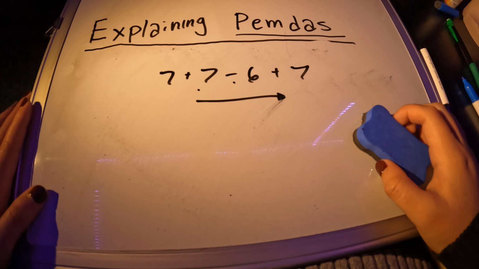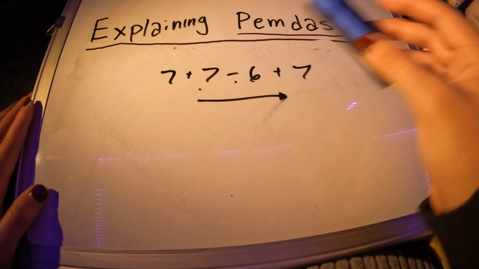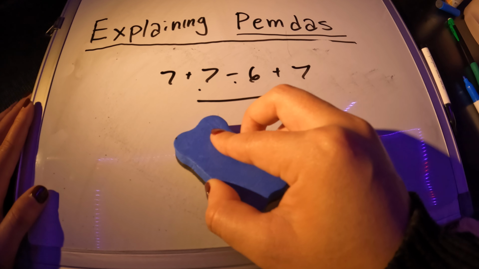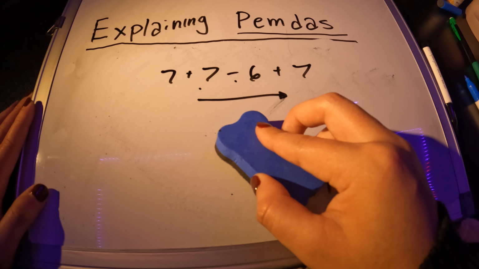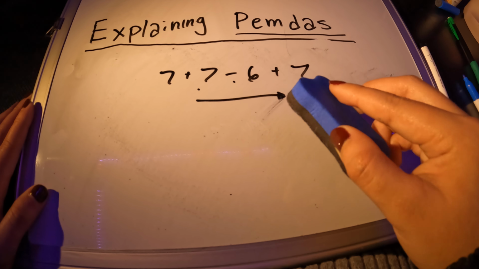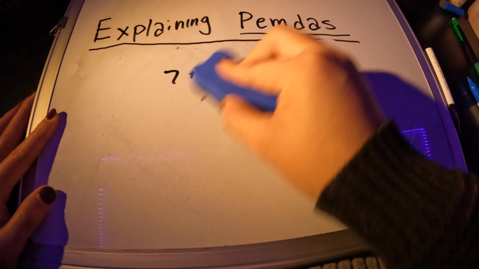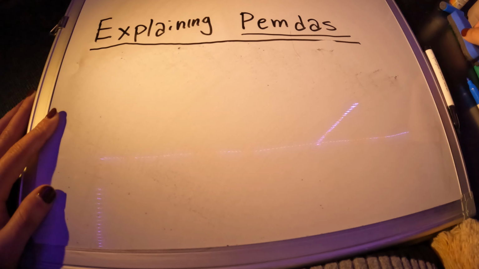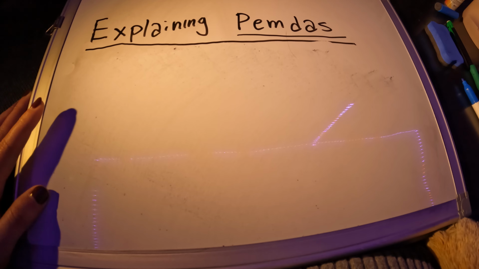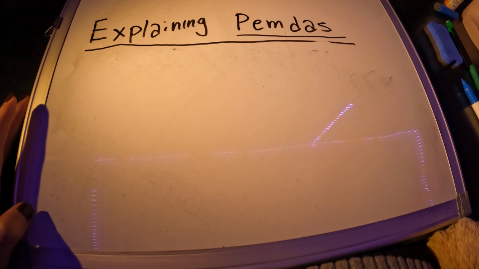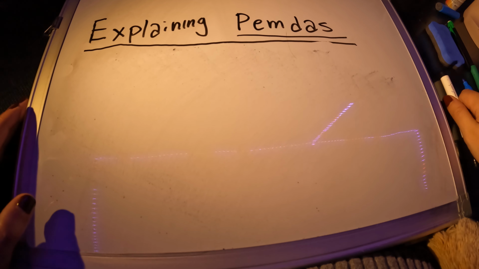As you can see from my mistake, you would do 7 plus 7, which is 14, minus 6, which is 8, plus 7, which is 15. Because if you did it the other way, you wouldn't be adding or subtracting the same things the right way.